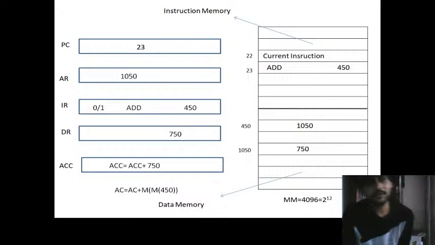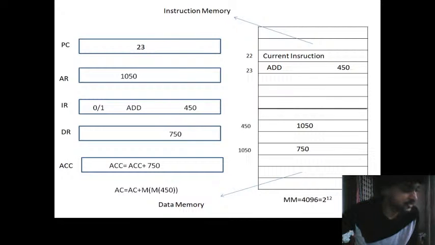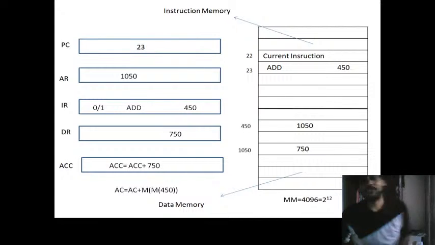To be precise, if I am a data register, I won't be able to distinguish between address and data. I am a register; I can hold whatever is sent to me.